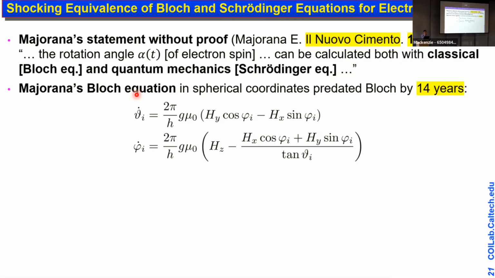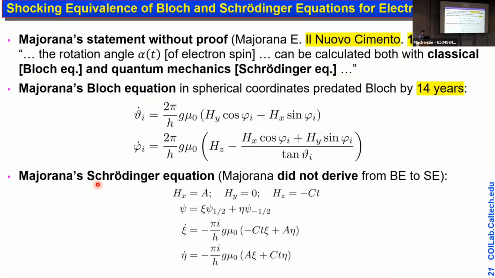And in fact, after Majorana published this paper in '32, six years later, he disappeared. There were no conferences like this at the time, probably. Anyway, Bloch basically rediscovered the equations, and we've been naming this after Bloch. So I actually suggest we rename the Bloch equation as the Majorana-Bloch equation.